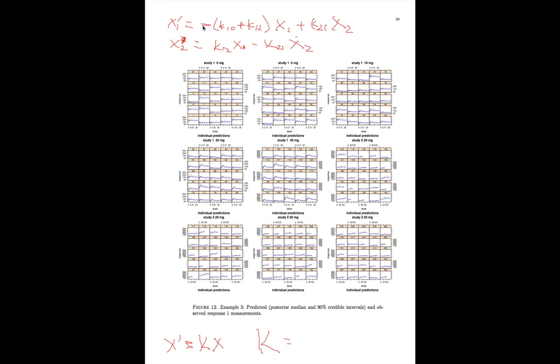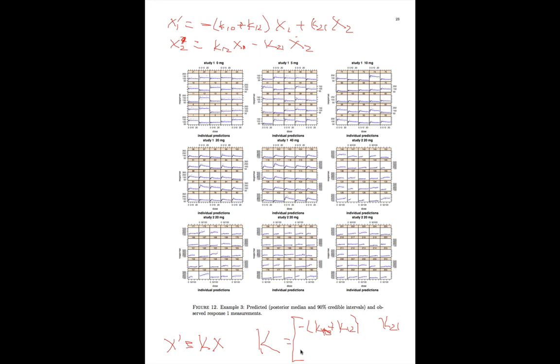So the 1,1 element is going to be minus k10 minus k12. The 1,2 element is going to be a positive k21.